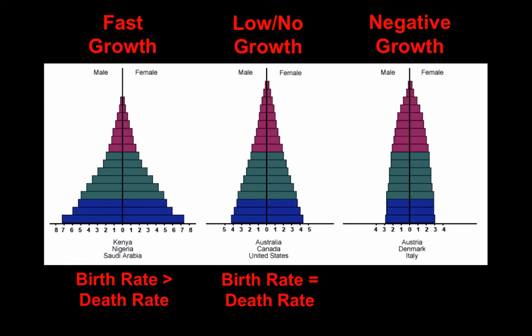In some countries like Austria, Denmark, Italy, Japan, we actually have a situation in which there are more people dying than being born. And so the population is actually decreasing. And so basically when you look at these, the bigger the base, the faster the growth.